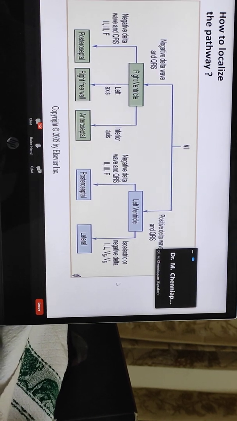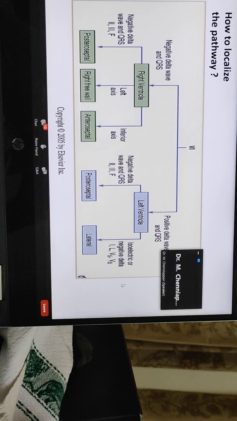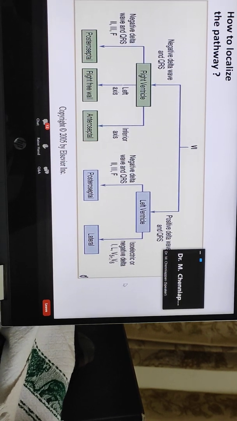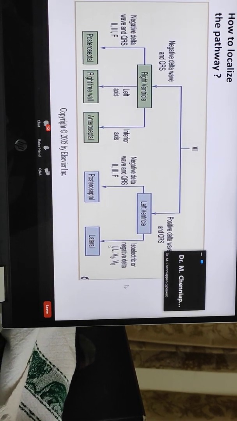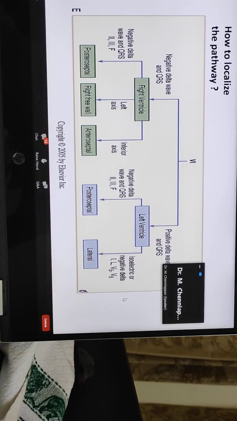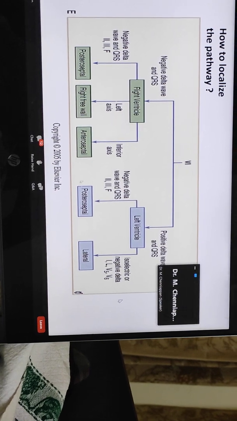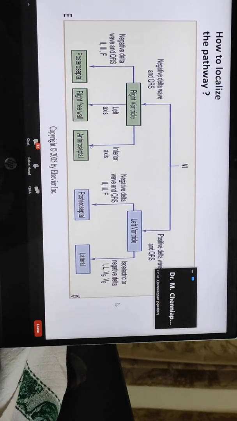Whereas on the left side, apart from posteroseptal pathway, if V5, V6 or L1 show a negative delta wave, it means a left lateral pathway. So it is enough if you are able to understand and diagnose these 5 pathways from your basic sinus ECG.